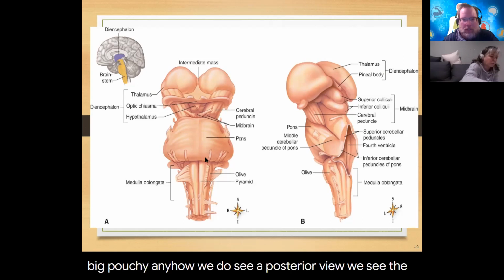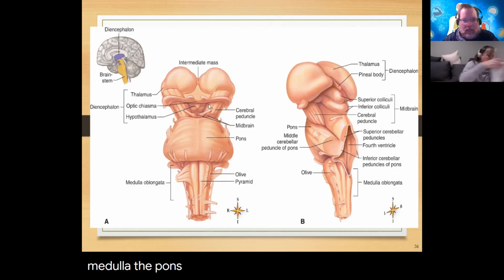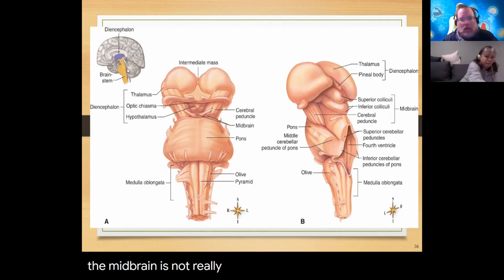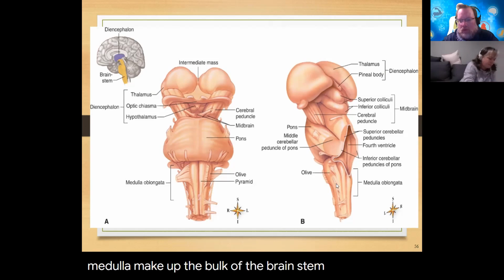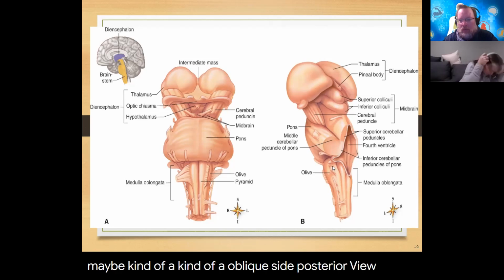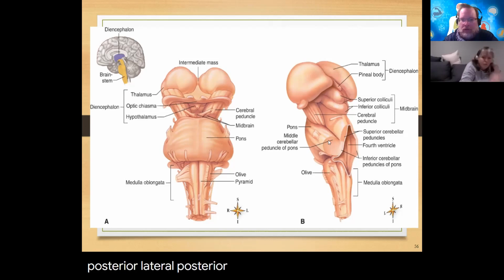We see the medulla, the pons, and then a little tiny chunk of the midbrain. The midbrain's not really that large. The pons and the medulla make up the bulk of the brain stem. It is a kind of oblique side posterior view, lateral posterior view.